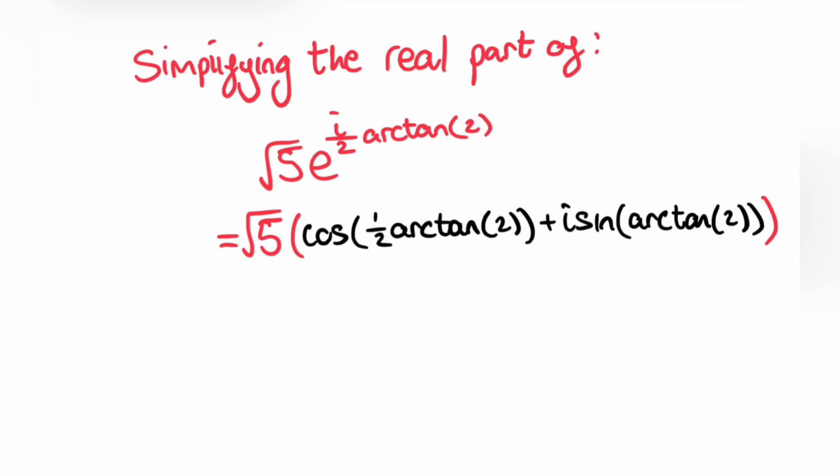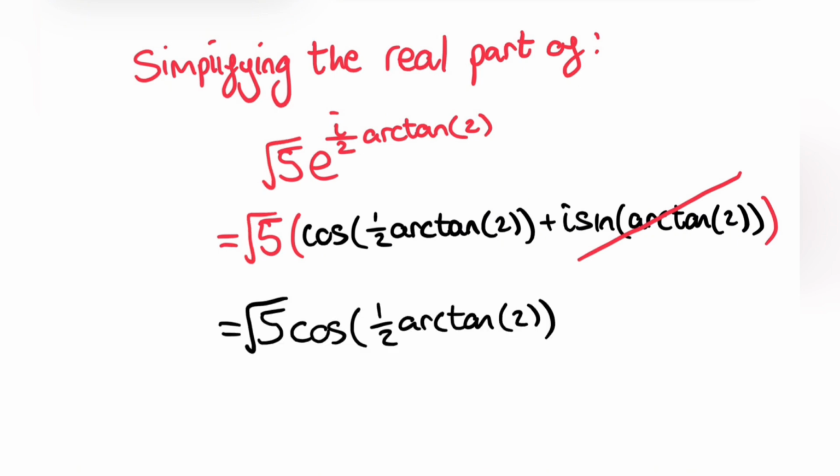Anyway, we can cancel out the i sine of half arctan of 2 because that is the imaginary part of this complex number. We only care about the real part, so the sine part has gone. So then we're just left with simplifying root 5 cos of a half arctan of 2.